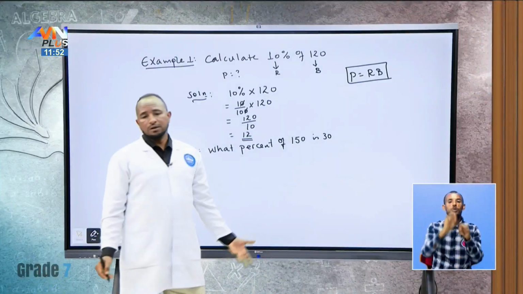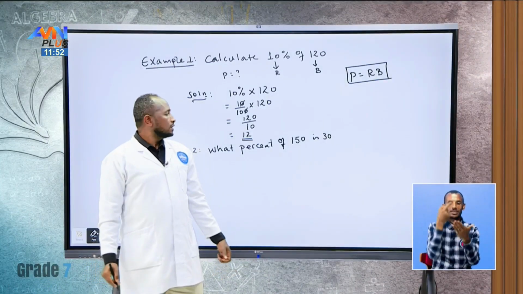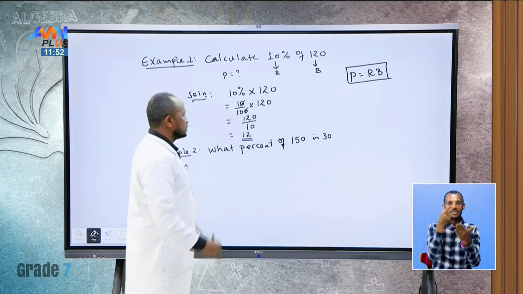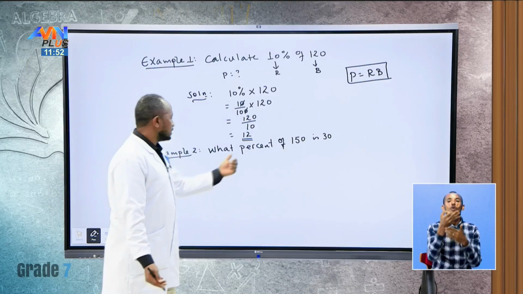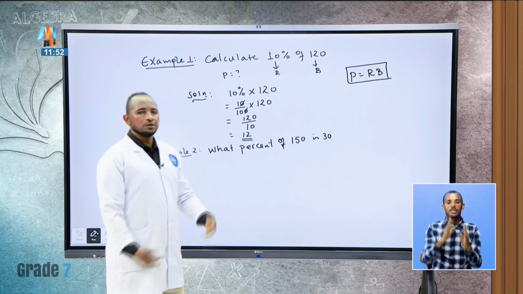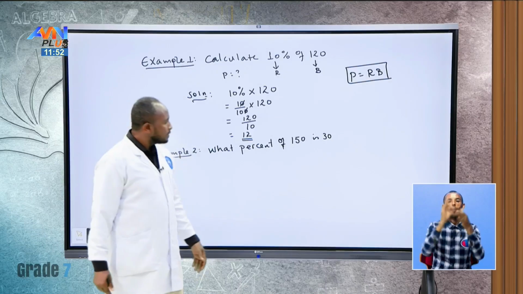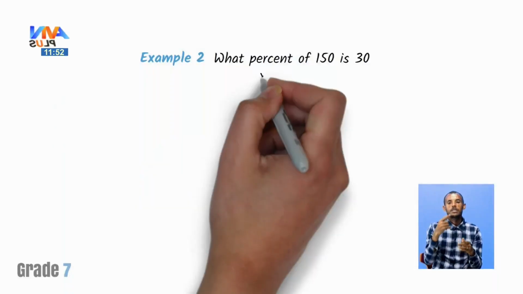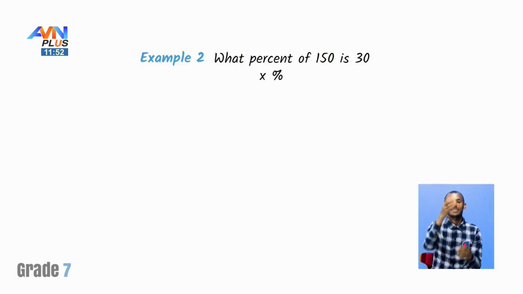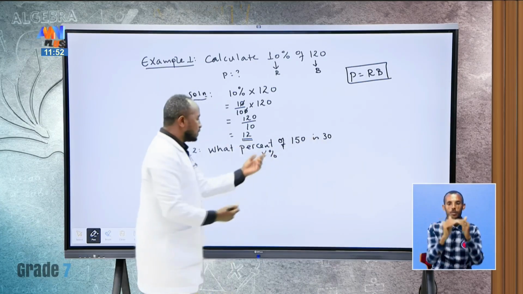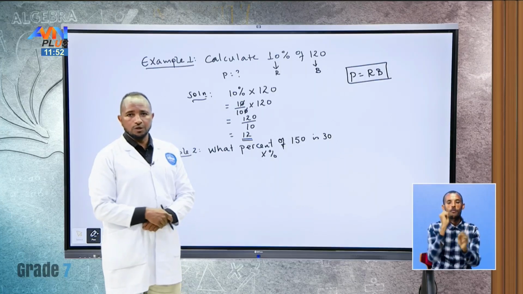So, how do you calculate this? To calculate this without using the formula, let's convert this into an equation. We don't know the percent, so it will be x percent. So, x percent of 150 is 30, so we can try to find x using this equation.